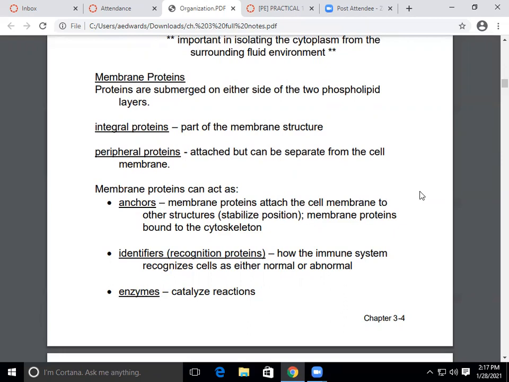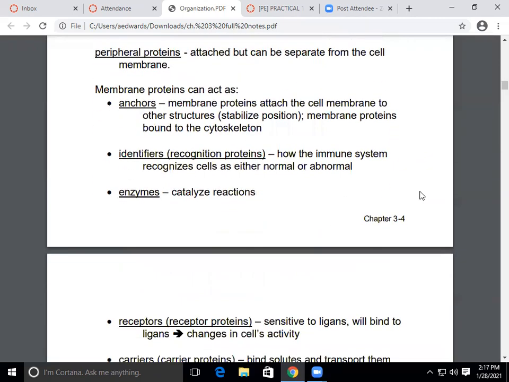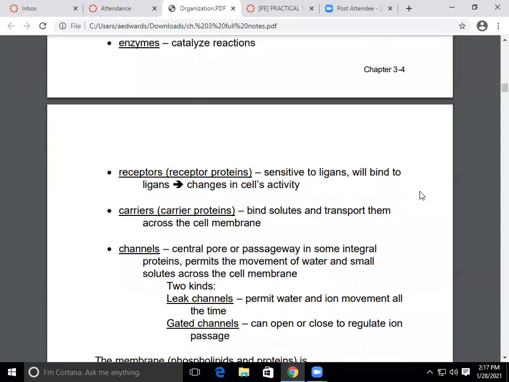Enzymes. Remember enzymes in the last chapter with proteins? Remember they catalyze chemical reactions, right? So you have receptors, and these are sensitive to what we call ligands.